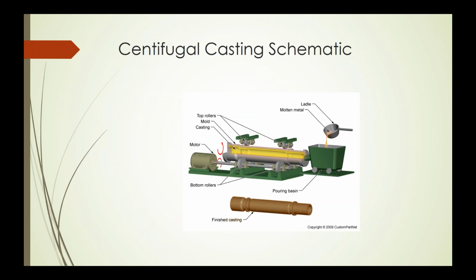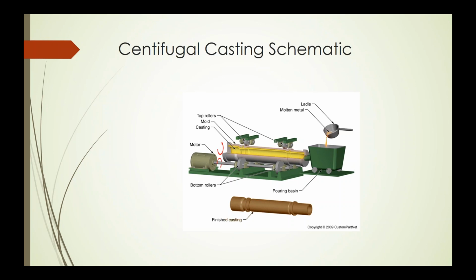Here's a schematic of a general centrifugal casting technique. You have the mold, which is held in place by a series of rollers, and one set of these rollers is motorized.